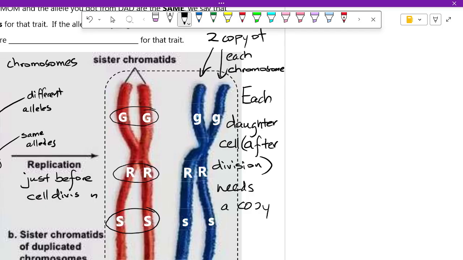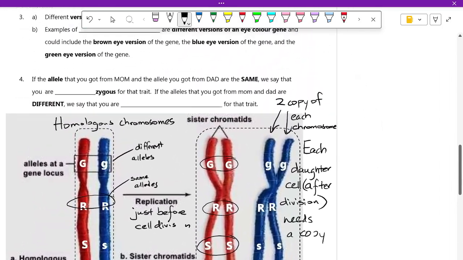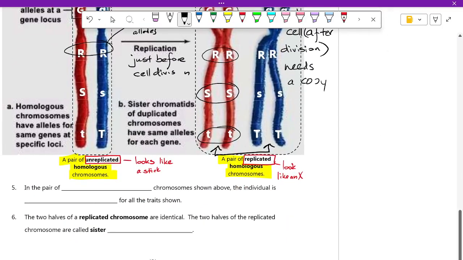Unreplicated chromosome, replicated chromosome, sister chromatid, and sister chromatid. The two halves of the replicated chromosome are called sister chromatids. Let's write that down here.